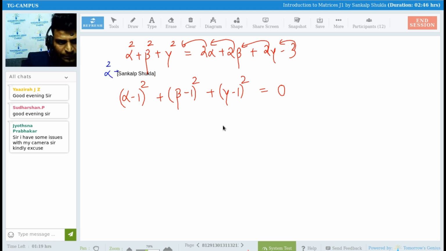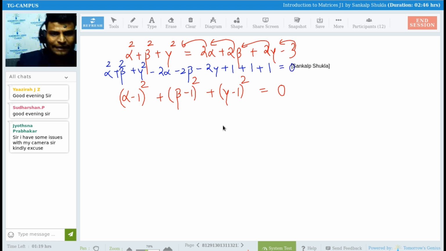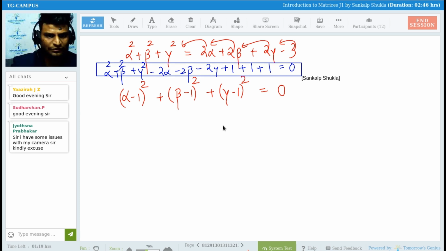It will become alpha square plus beta square plus gamma square minus 2 alpha minus 2 beta minus 2 gamma plus 1 plus 1 plus 1 is equal to 0.